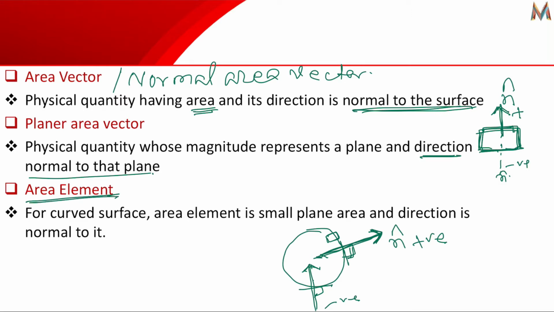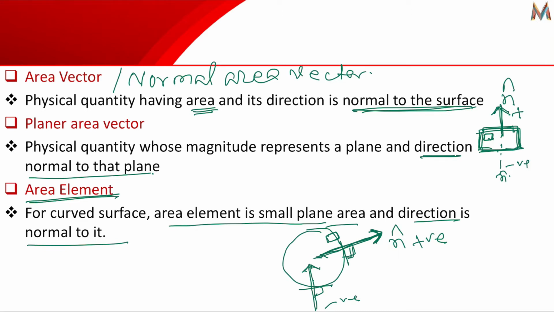So, for a curved surface, an area element is a small plane area and its direction is normal to it. So, area vector, plane area vector and area element for curved surfaces. We can take an area element even for a planar area also, a small portion with direction, and that can also be called an area element.